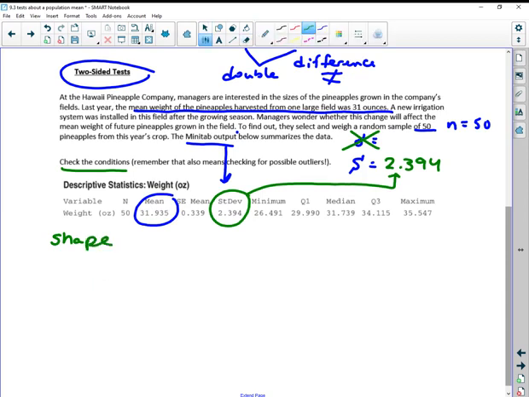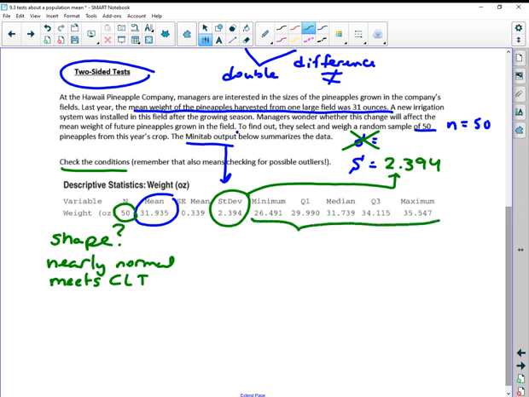All right, we need to know about the shape, but with n large and nearly normal, it meets CLT. But I still want to check. They've given me the information. I can still check for outliers.